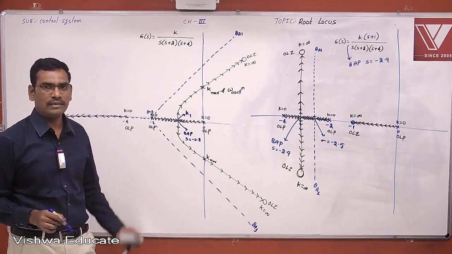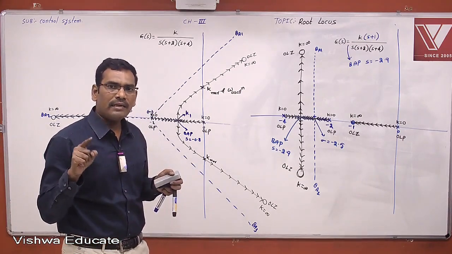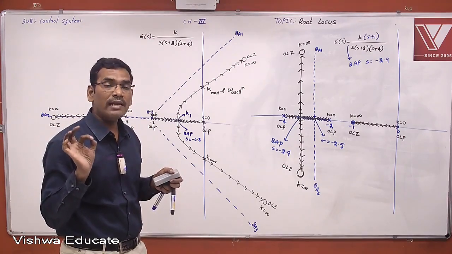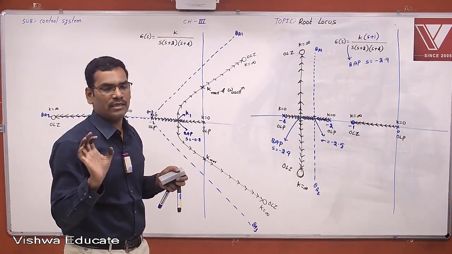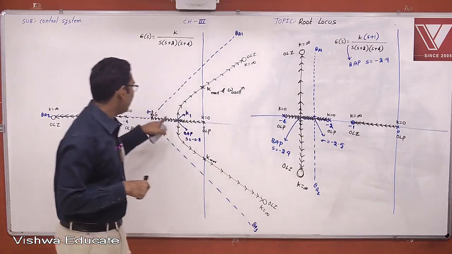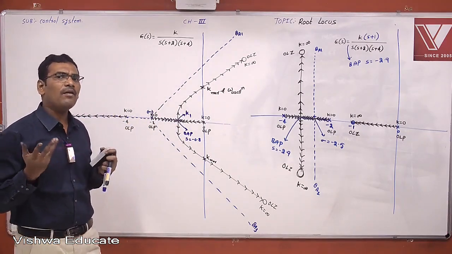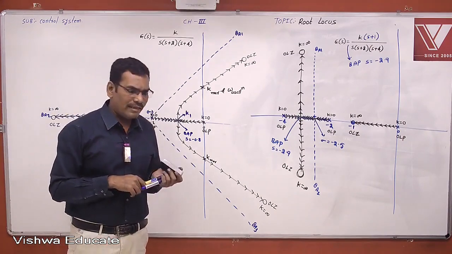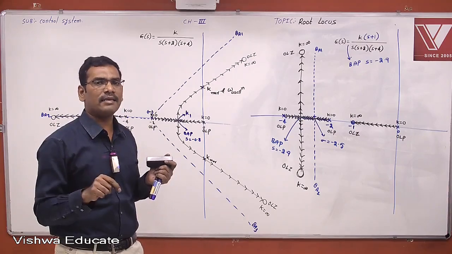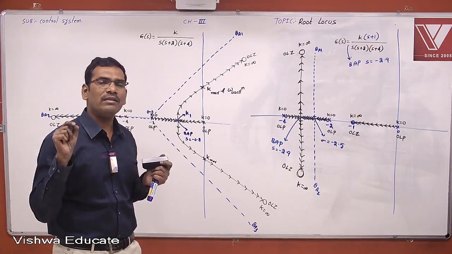No, no students. The breakaway point and break-in point must lie only on the root locus branches. But the centroid sigma may or may not be on the root locus branch. There is no guarantee or necessity that the centroid be on the root locus.